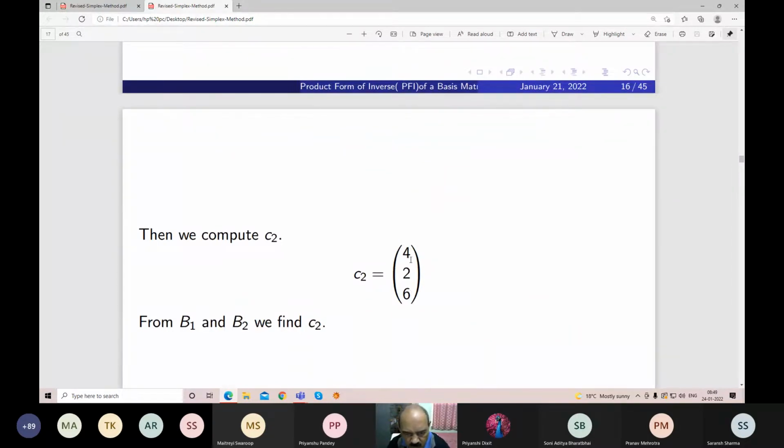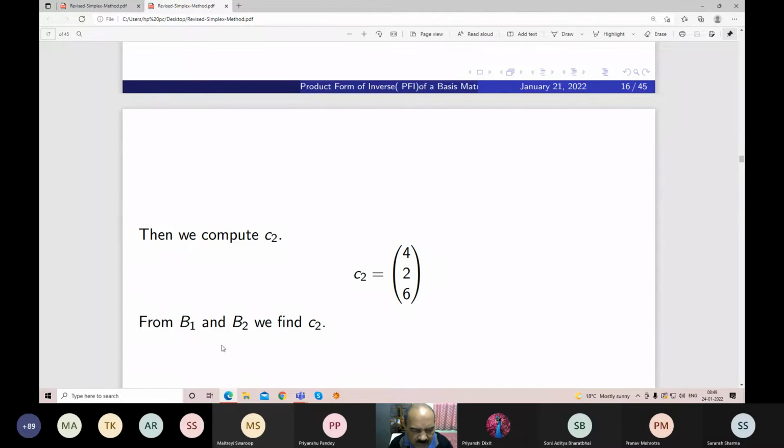With respect to 4, 2, 6, what will we do? We are using B1 and B2. This B1 is known to us, and recently we have computed B1 inverse. We are interested to compute B2 inverse.